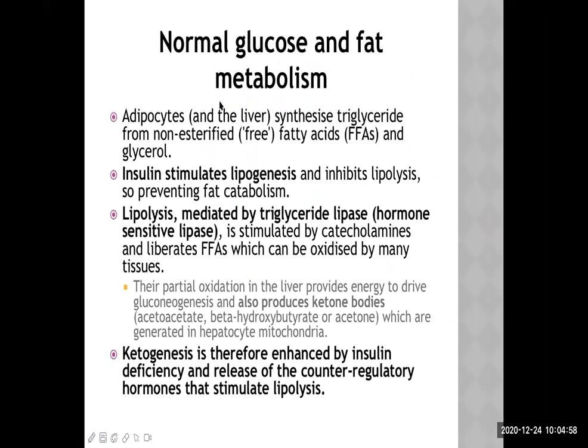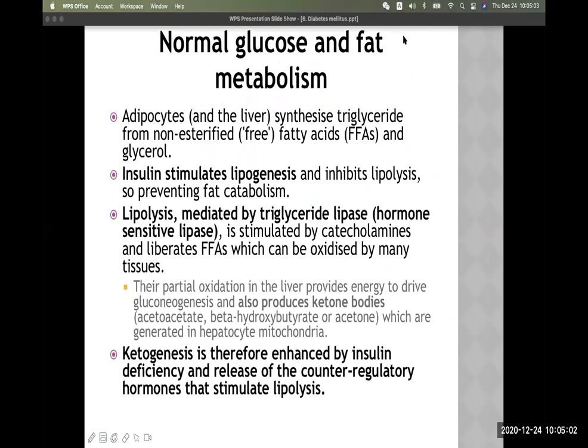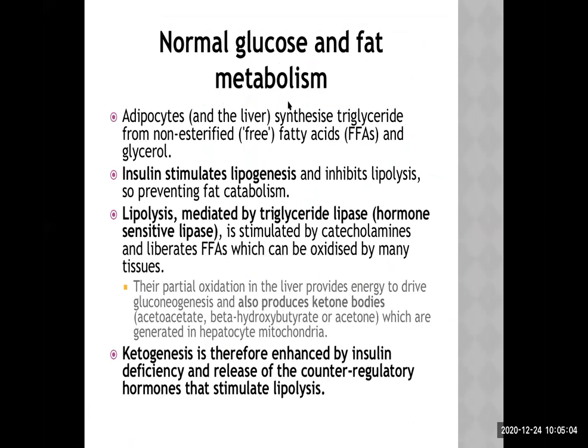Now, let's talk about the normal glucose and fat metabolism further. So we are actually talking about that part only. So let's move further. Adipocytes are the fatty cells, and the liver synthesizes triglyceride from non-esterified free fatty acid and glycerol. This is known as lipid synthesis, or triglyceride synthesis.